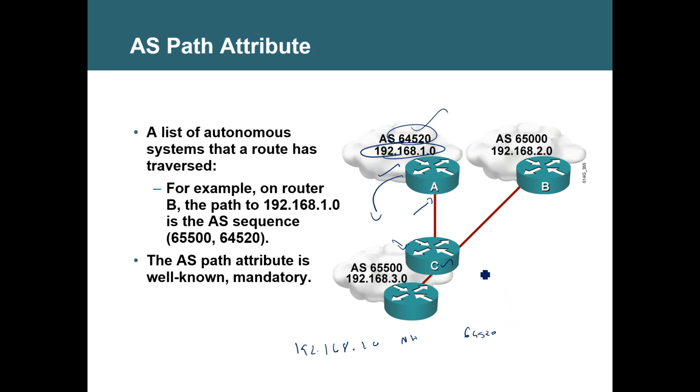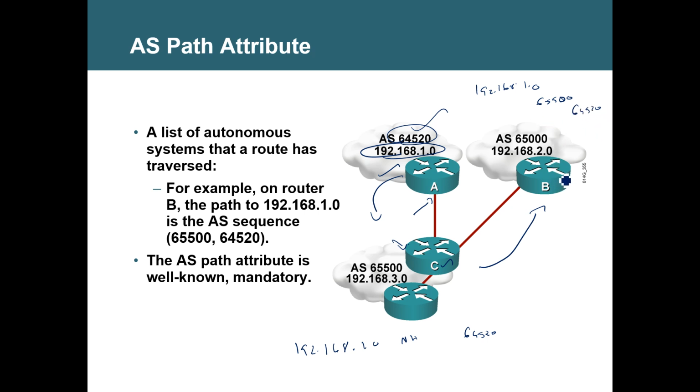Now when this is advertised to router B, C will put its own autonomous system along with the autonomous system that it has learned. So it appears like this on B, 192.168.1.0. The immediate autonomous system is 65500, and then the next autonomous system after 65500 is 64520.